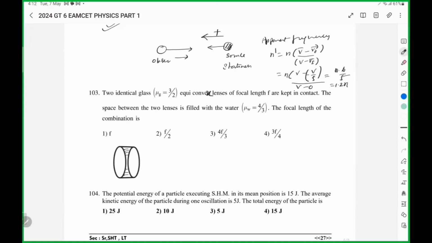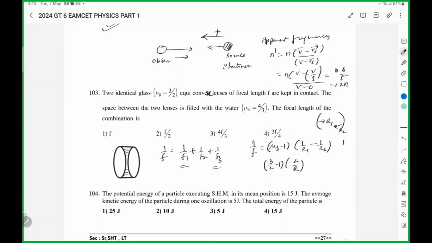So we have totally three lenses: 1 by f is 1 by f1 plus 1 by f2 plus 1 by f3. f1 and f3 are the same because both are glass lenses. Using (mu glass minus 1) times (1 by R1 minus 1 by R2), R1 is this, R2 will be negative. Both radii are equal for equiconvex. 3 by 2 minus 1, times 1 by R plus 1 by R, 2 by R. So 1 by R.